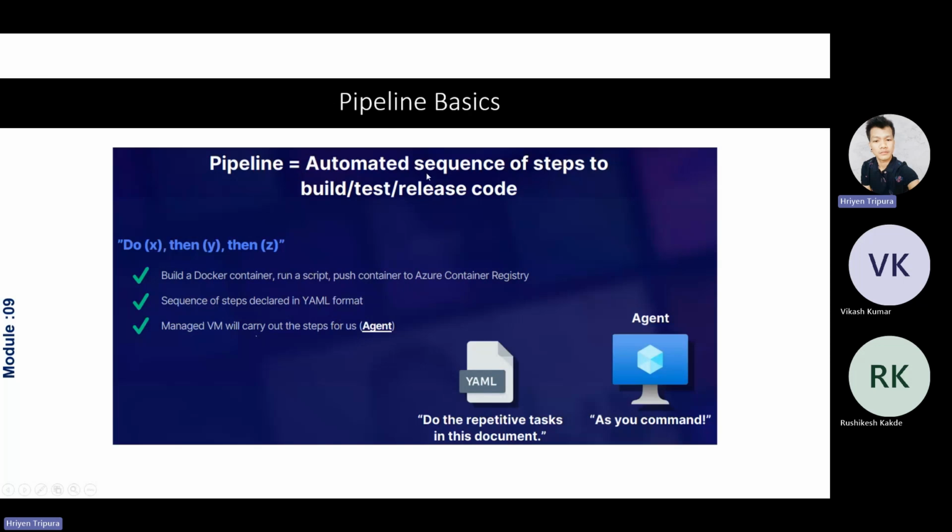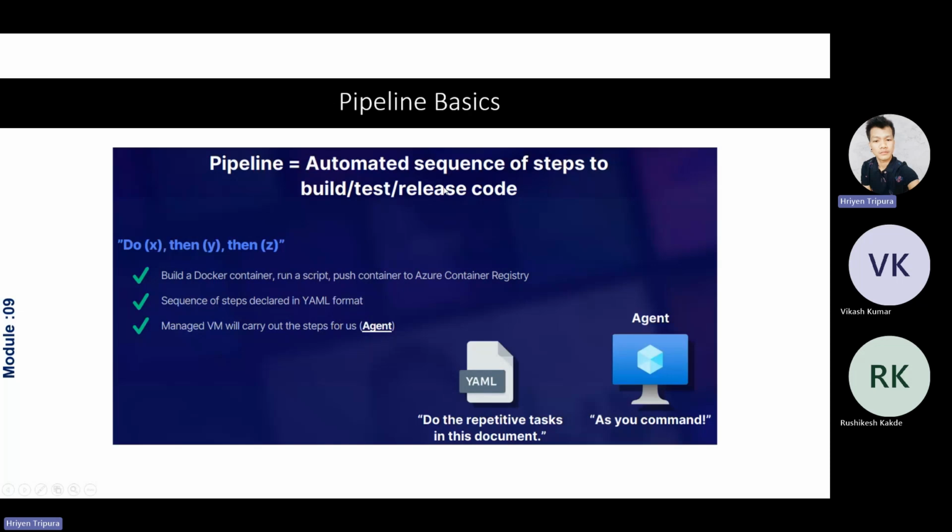Whatever tasks you have defined in your Azure pipeline, or the sequence of tasks, there should be somebody who can carry out the defined tasks and help you run that script. This is why it says the managed VM will carry out the steps for us, which is basically the Azure agent.